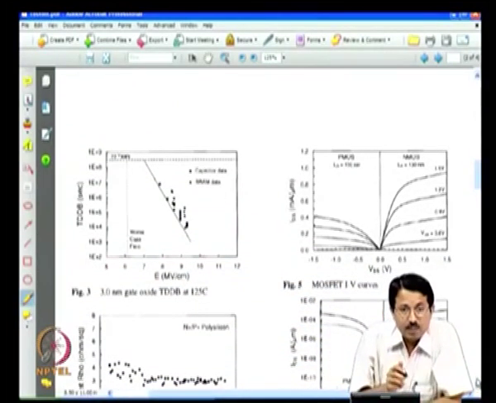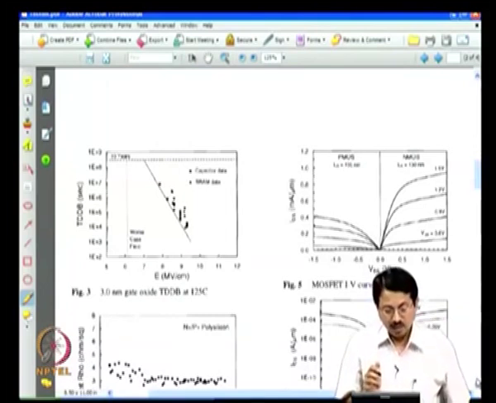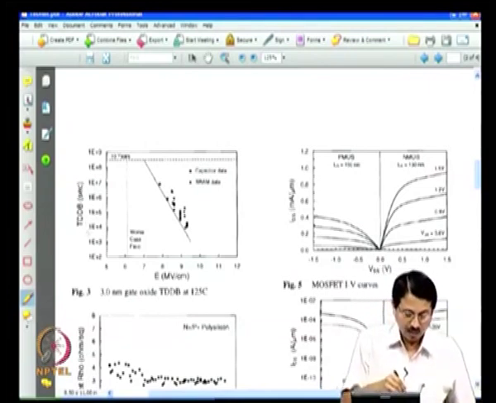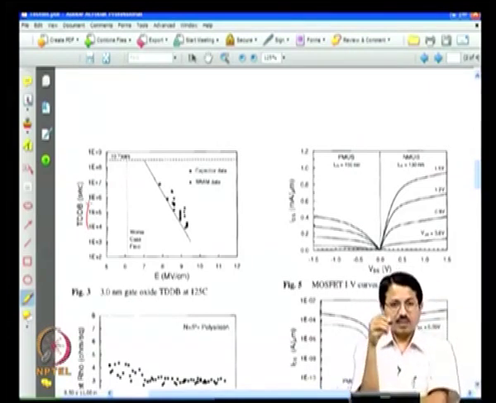One other important aspect that we had discussed is all these reliability issues. Remember I said when you do gate oxide reliability, there is something called TDDB, time dependent dielectric breakdown.